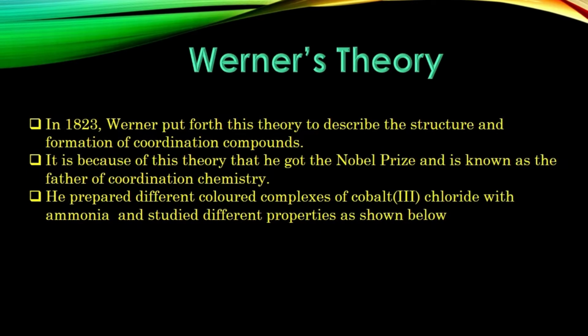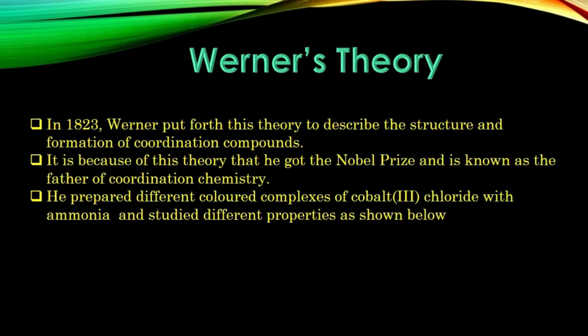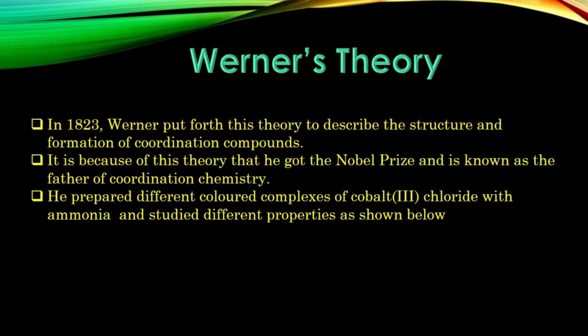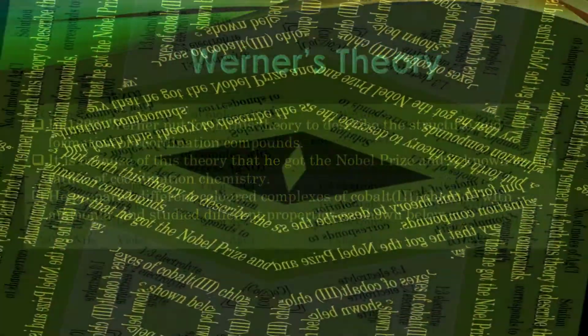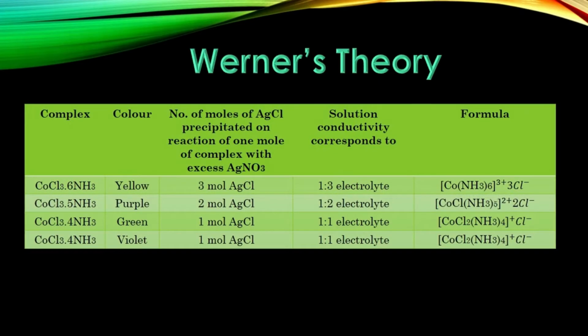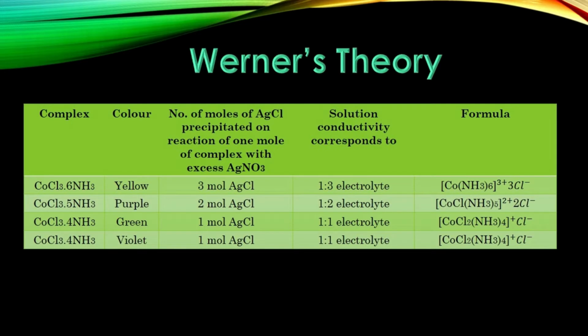Based on their properties, he was able to give the postulates for his theory. Werner isolated cobalt complexes from the reaction of cobalt chloride and ammonia, and he studied the cobalt complexes based on their precipitation reactions with excess of silver nitrate and conductance measurement.